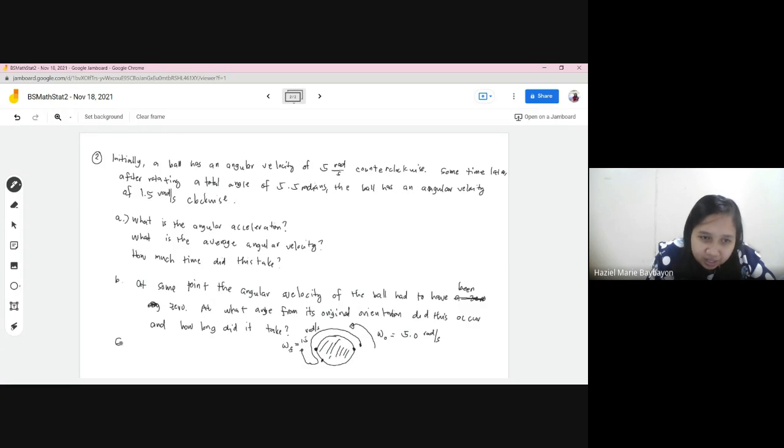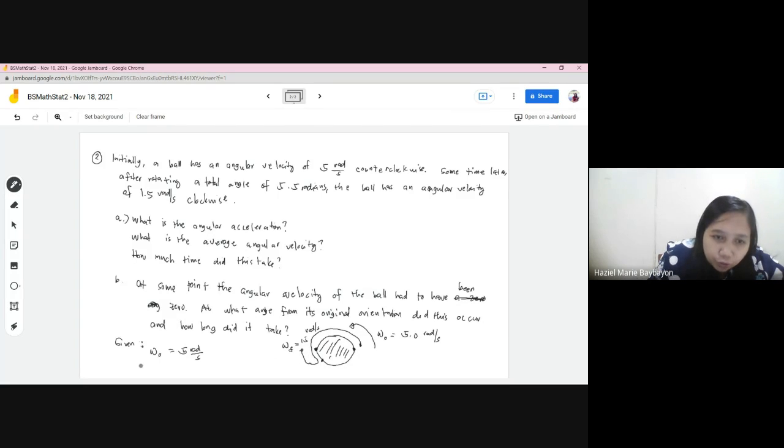Okay, so let us see what are the given. We have the initial angular velocity, which is 5 radians per second counterclockwise. So take note that in the video, we have discussed that if the rotation is counterclockwise, then that means it has a positive angular velocity.